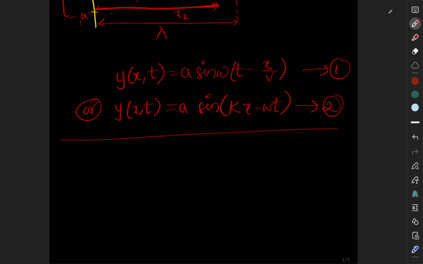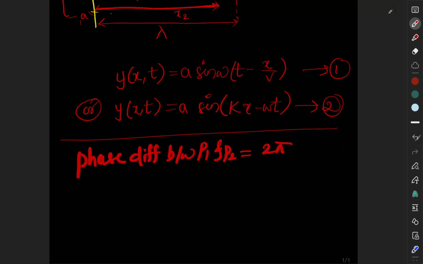So we can write the relation between phase difference and path difference. Phase difference between these 2 points P1 and P2 is equal to 2 pi by lambda times x2 minus x1.